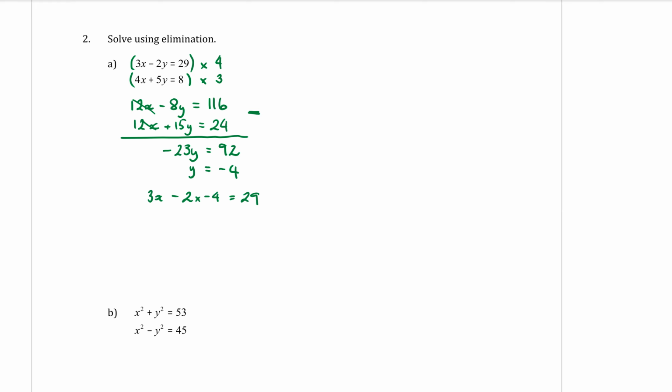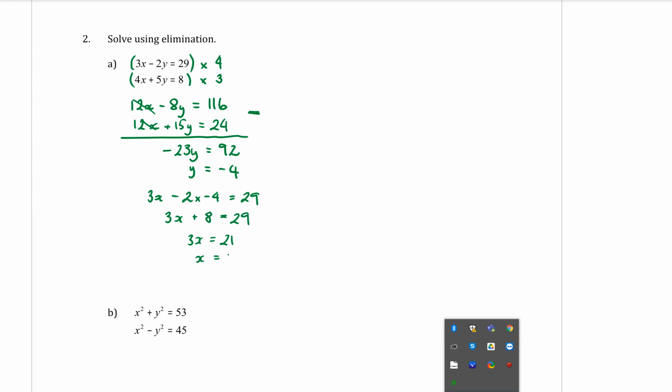Minus 2 times minus 4 makes a plus 8. Solving the two-step equation, subtracting the 8, 3x equals 21, and dividing by 3. Finally, write your solution as a point. X is 7, y is minus 4.